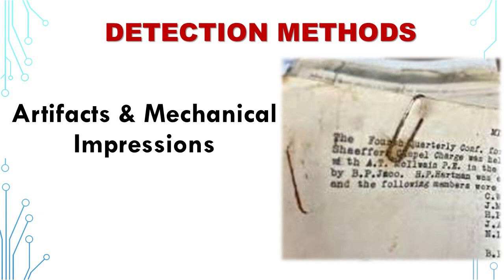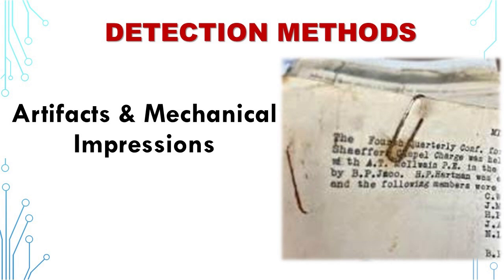Another thing we can examine and take note of is the staple holes or fasteners. These are tools that we use in creation of documents at times to fasten them together or to hold them together.